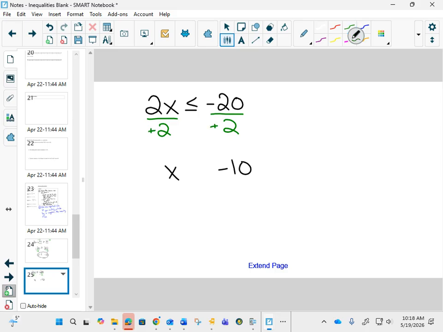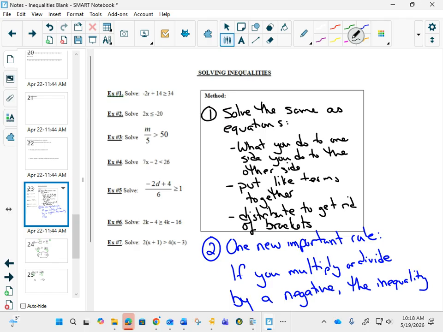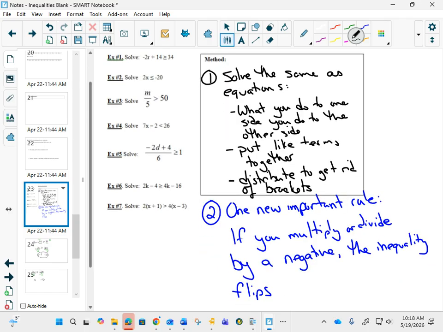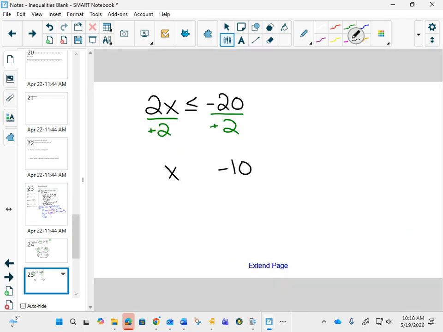The special rule says one important new rule: if you multiply or divide by a negative, and I'm going to put negative in a red box, then the inequality flips. But if you multiply or divide by a positive number, it stays the same. So in this one, I write my inequality the same.